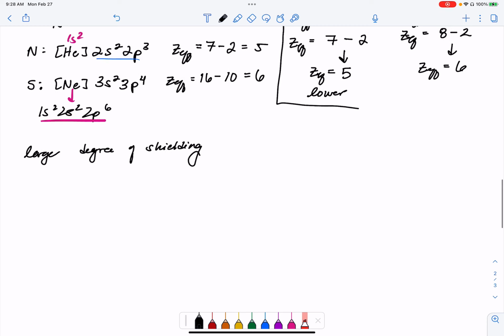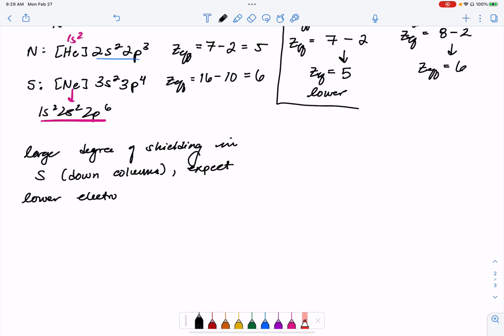And so, because we have a larger degree of shielding in sulfur, because we've looked down a column, we expect this to have a lower electronegativity because that positive charge is obfuscated or blurred or kind of blocked by this large amount of core electrons.